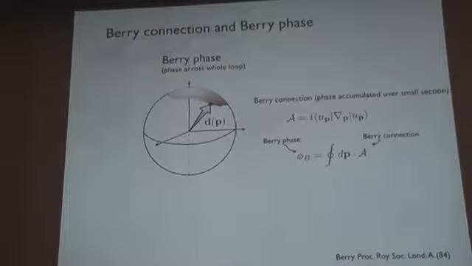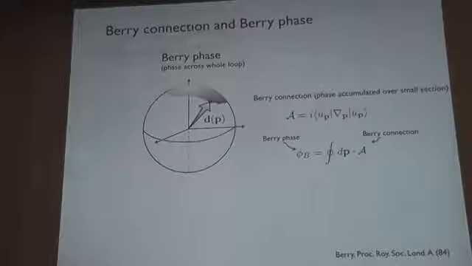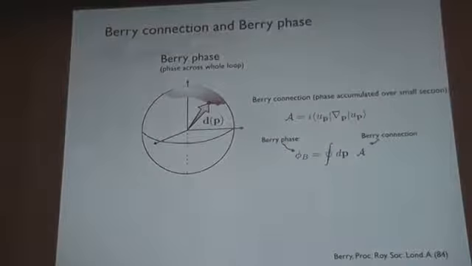And then I can define the Berry connection, which is some kind of phase accumulated over a small section of that path, and I can integrate that Berry connection across the closed loop. And I find that this gives me a Berry phase. Right? And this was maybe not exactly what Michael Berry talked about in his paper, but this is what is discussed. And you can say, okay, fine, there's a Berry phase, what good is this?